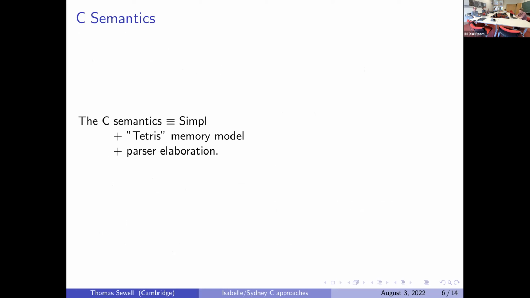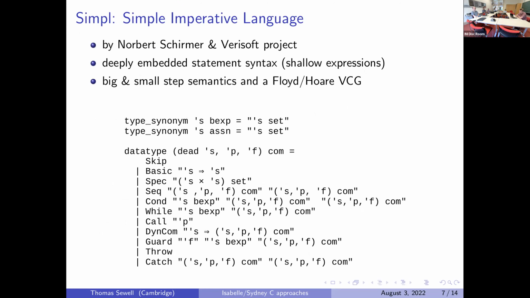The C semantics we're working with is basically a combination of three things: Simple, the Tuch memory model, and the elaboration we just saw. I made up these slides relatively quickly, and I know I'm going into too much detail, but it's kind of useful, I think, to give some flavor of what this thing is concretely. So Simple comes from a project that was before ours, Verisoft, which is run in Germany.